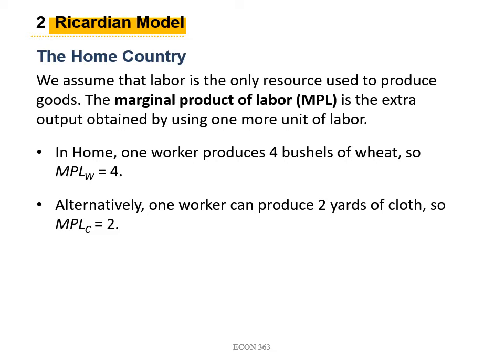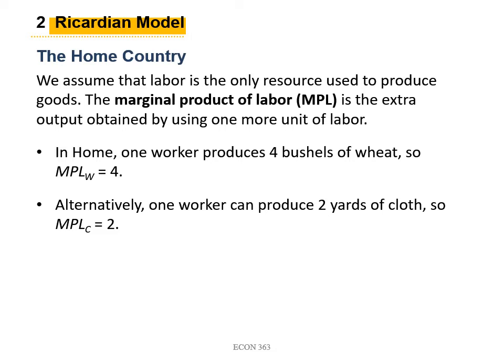So MPL subscript W means wheat. The alternative for one worker is to produce 2 yards of cloth. So their marginal product of labor producing cloth, subscript C, is equal to 2.